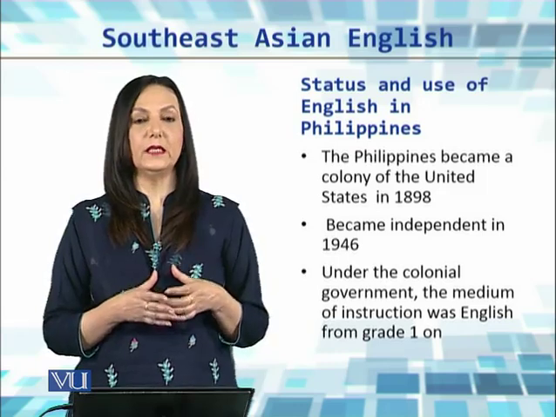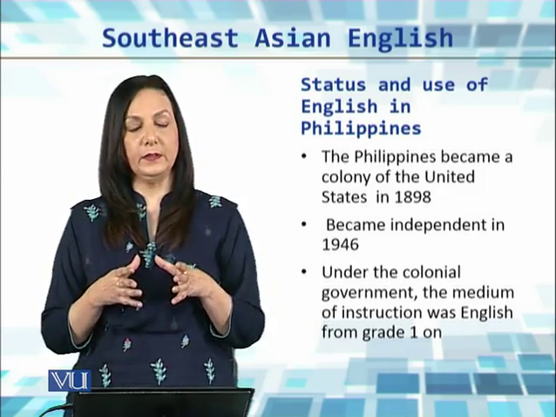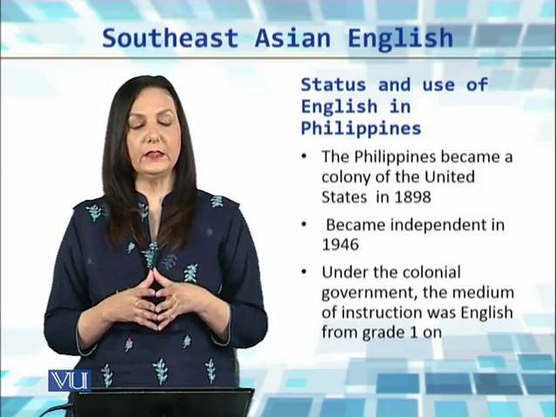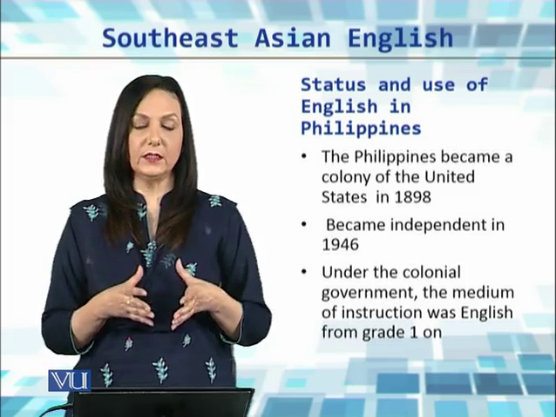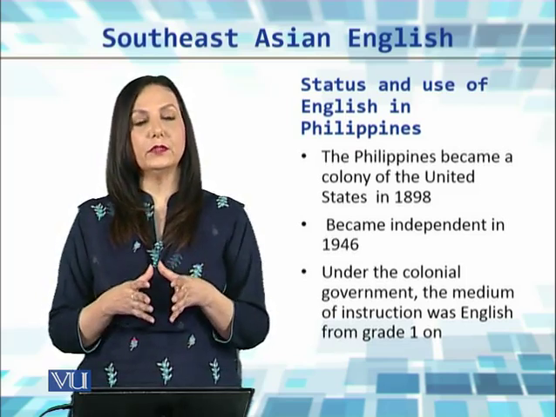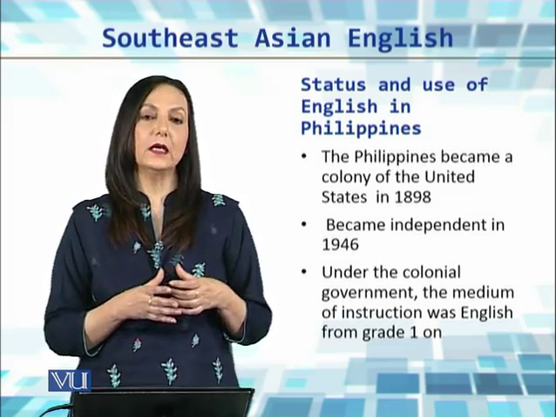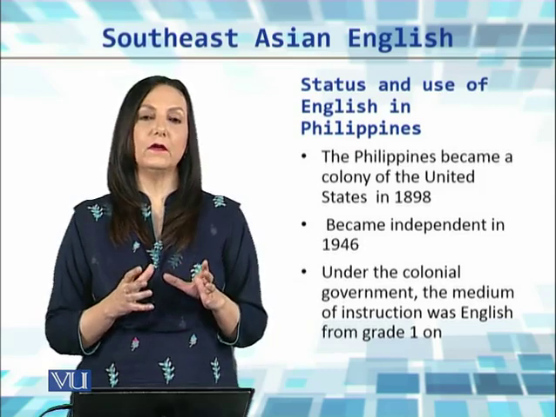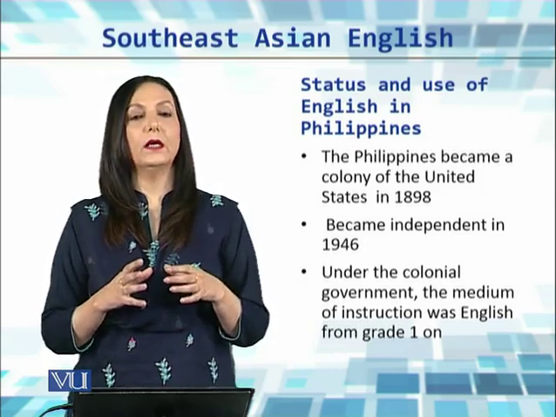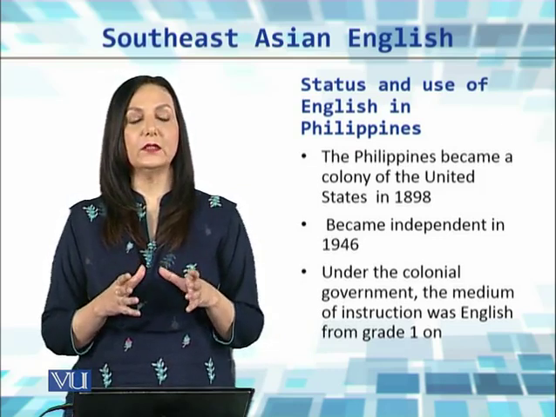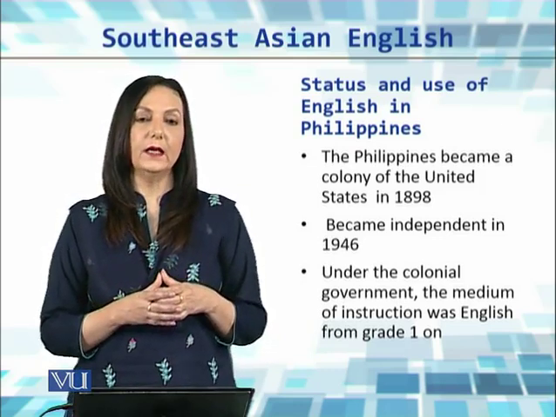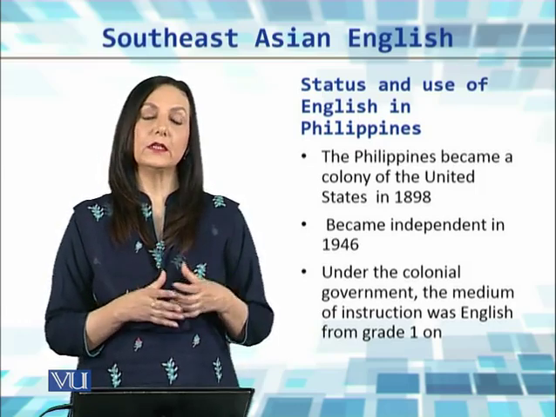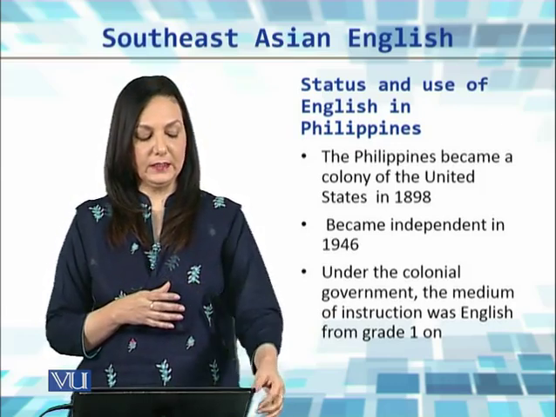They thought that if the people in the Philippines were taught through English, they would be able to influence their minds and also their choice of democracy as a system of government as opposed to colonialism. So it was a part of these political designs of the USA to influence the minds of the people in the Philippines and influence them to select democracy as a system of government.